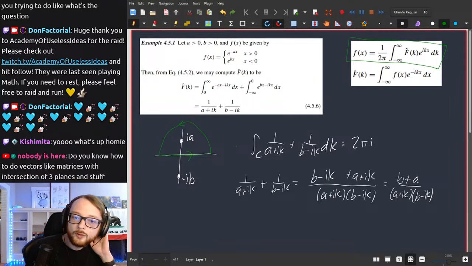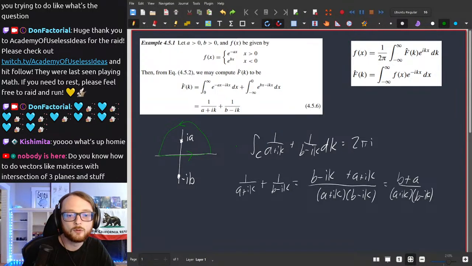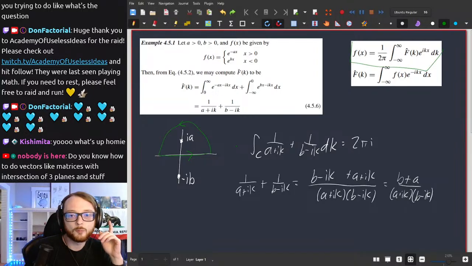But the integral is, ooh, I'm messing this up. I made the wrong integral. But yeah, I'm trying to do the inverse Laplace or Fourier transform of that.